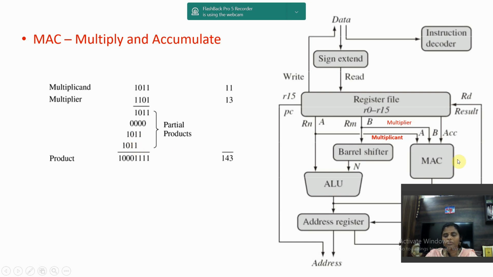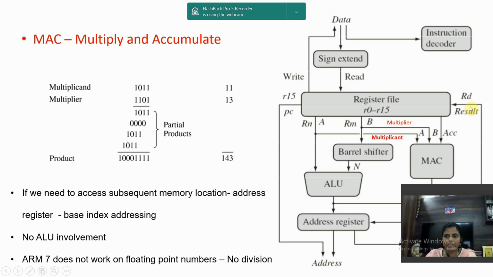So in order to have an efficient multiplication, I need a MAC unit. So the MAC unit consists of 3 inputs: one is the multiplier, the multiplicand and the accumulator, and the result is stored in the register.